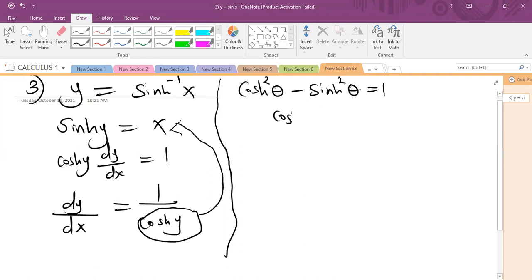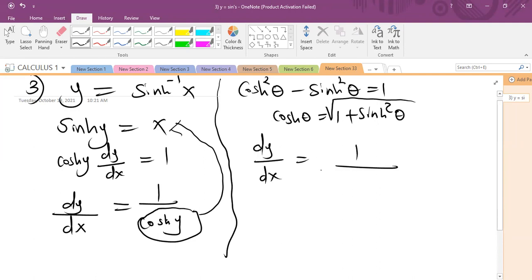So making cosh theta the subject of the formula, this is the same as the square root of 1 plus sinh squared theta. So our dy dx will be equal to 1 over, writing cosh in terms of sinh, the square root of 1 plus sinh squared y, because this was cosh y.